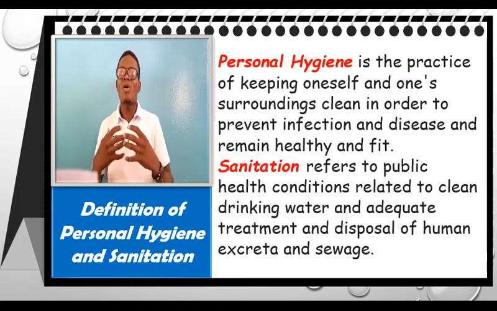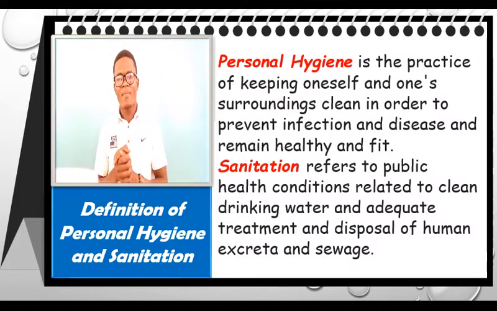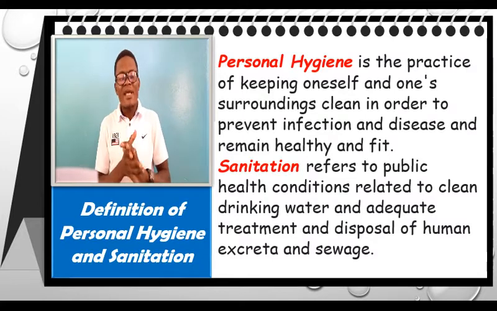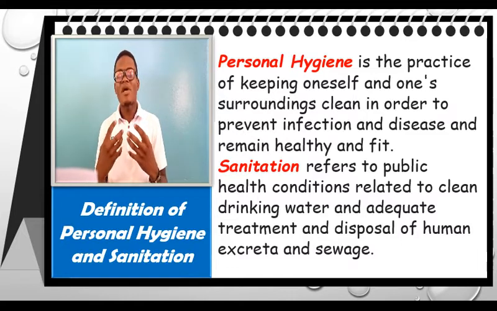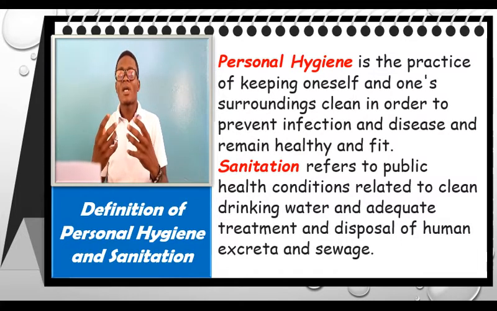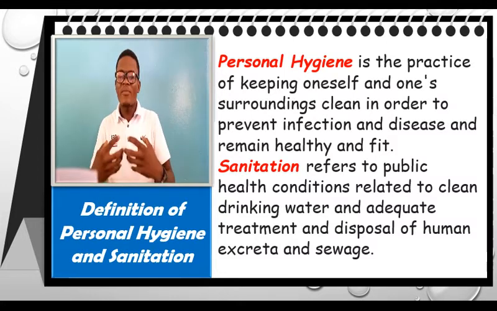Now, excreta is a bodily waste which is excreted. I believe we did excretion, that is the removal of metabolic waste like feces, urine, sweat, and all those things. The excreta is the body waste which is excreted from the body.